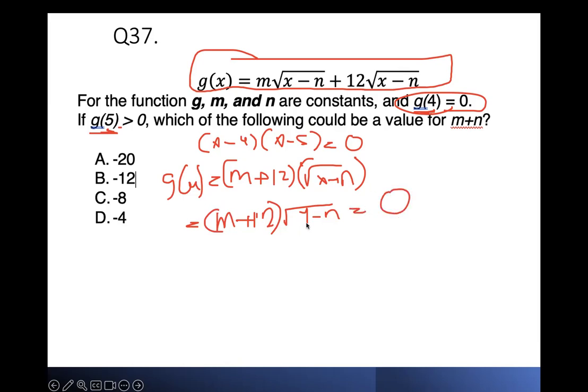If you have the product rule, two numbers multiplying each other giving you 0, that means m plus 12 is equal to 0. m is negative 12. 4 minus n is equal to 0. n is equal to 4. And you ask yourself, something is not right. What is not right? m cannot be negative, because the answer has to be greater than 0.